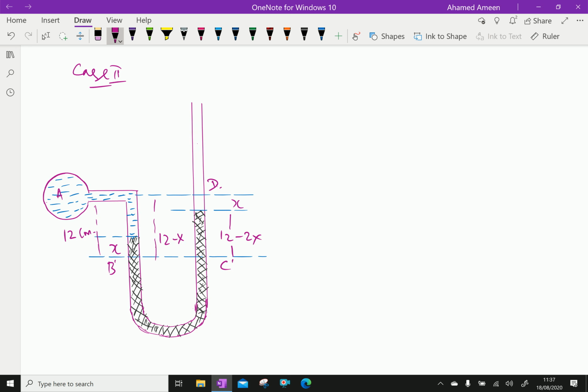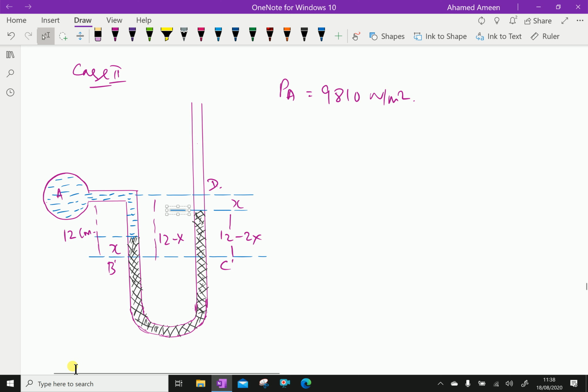Now the pressure in pipeline PA is reduced to 9810 Newton per meter square. Here the pressure is reduced. That is why the mercury level increases from B dash to C dash by x centimeter up, and due to that the other level comes down. Therefore, the new arrangement is here.